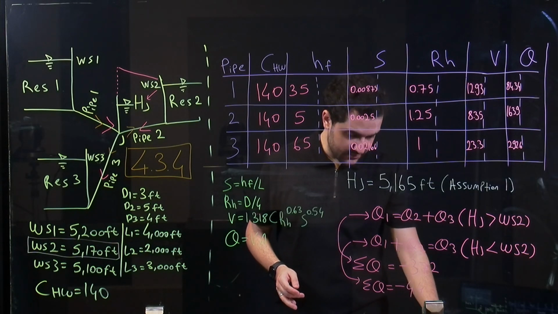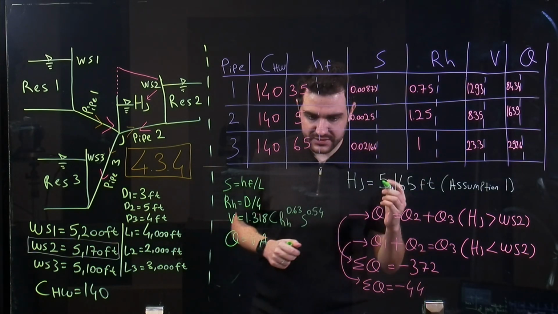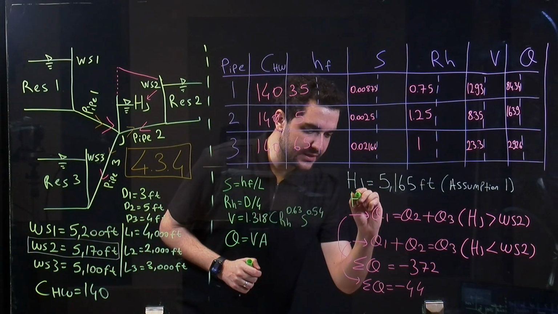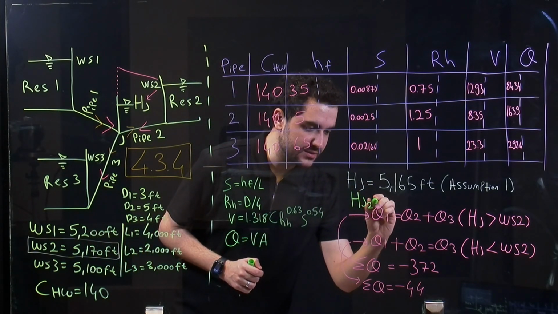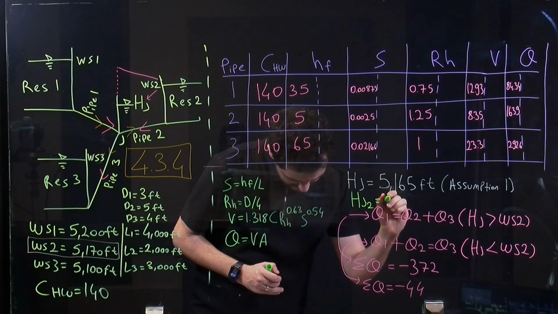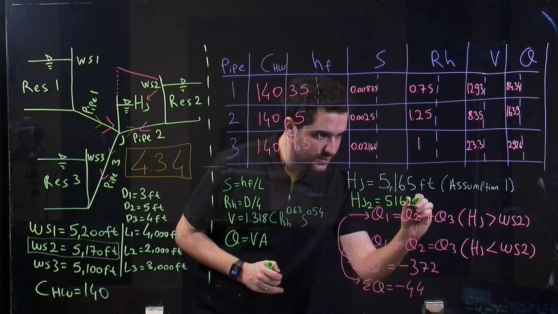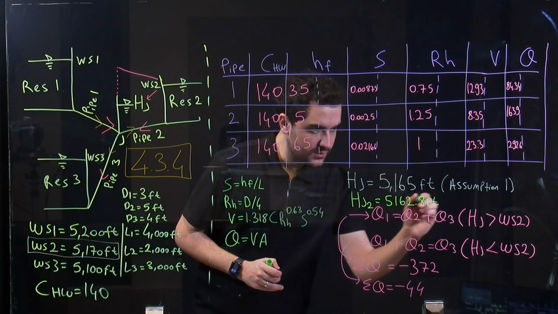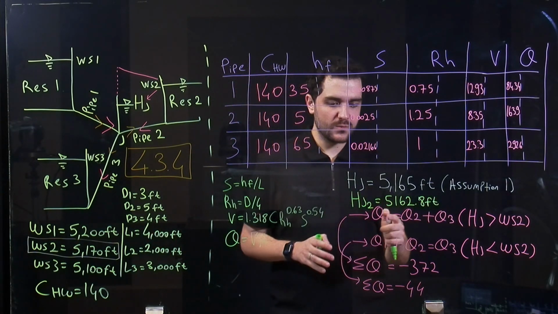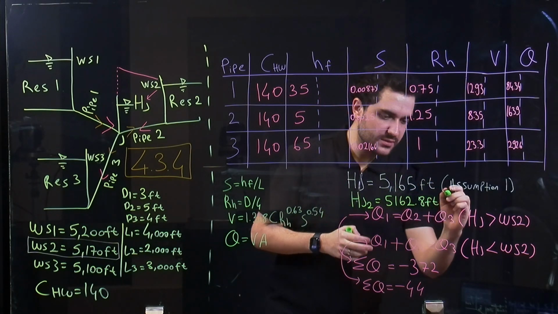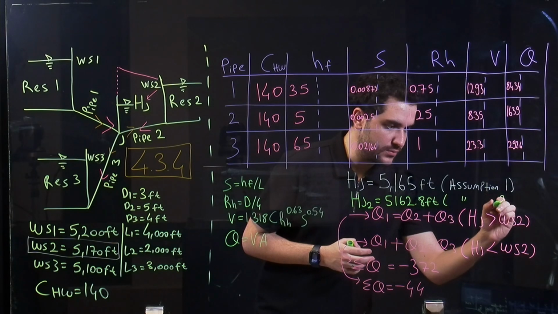So for example, let me use the green. And if we assume Hj as this value, which is actually the solution, I directly use that, and this is assumption 2.